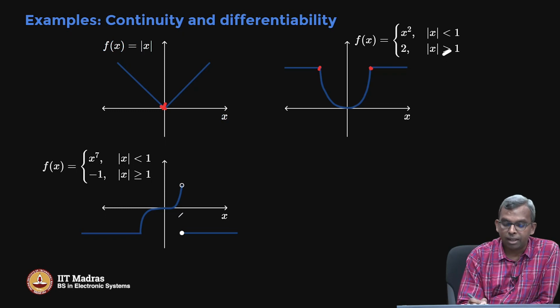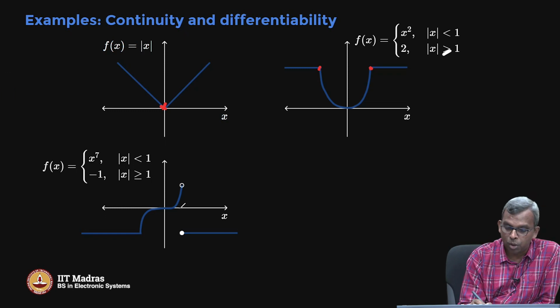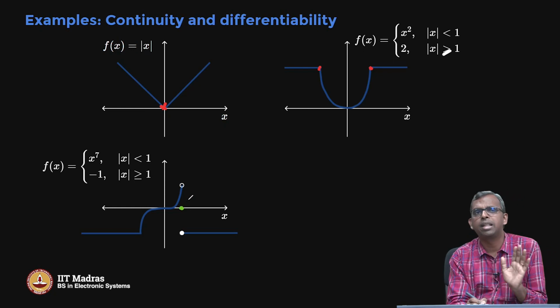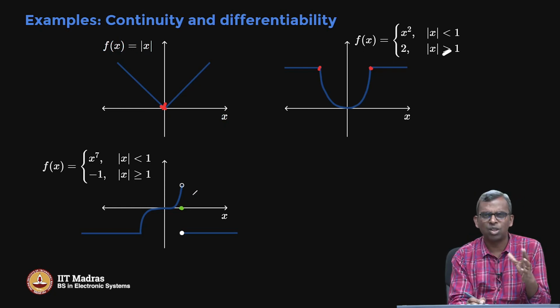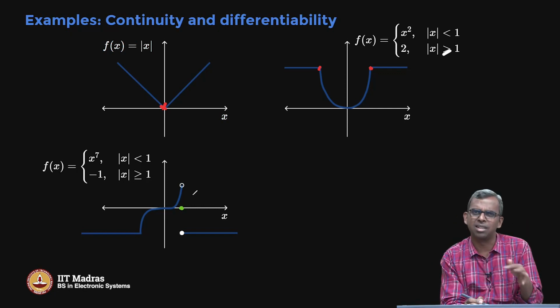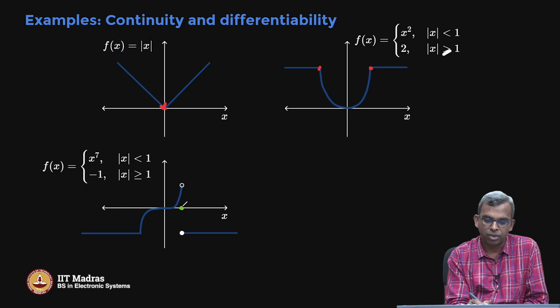For this function, first you have to find the points where the function is not continuous, this point here. I will use green. This point is not continuous. Once it is not continuous, there is no point in thinking about derivatives. If something is not continuous itself, you zoom in, what will happen? How will you get a straight line on both sides? It's simply not possible. So you do not have to bother about points where it is not continuous.